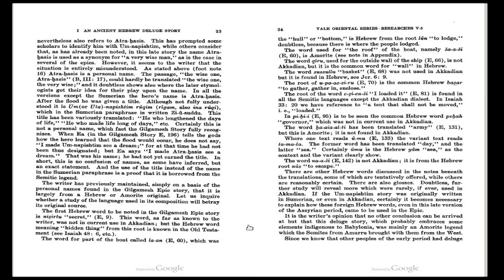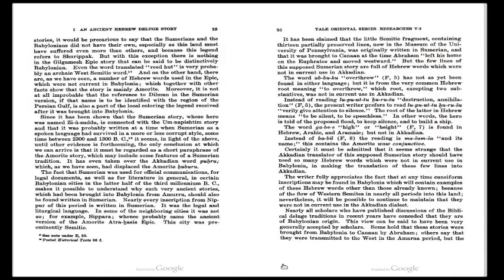Since we know that other peoples of the early period had deluge or flood stories, it would be precarious to say that the Sumerians and the Babylonians did not have their own, especially as this land must have suffered even more than others, and because this legend refers to Shuri-Papak, that city. But with this exception, there is nothing in the Gilgamesh epic story that can be said to be distinctively Babylonian.